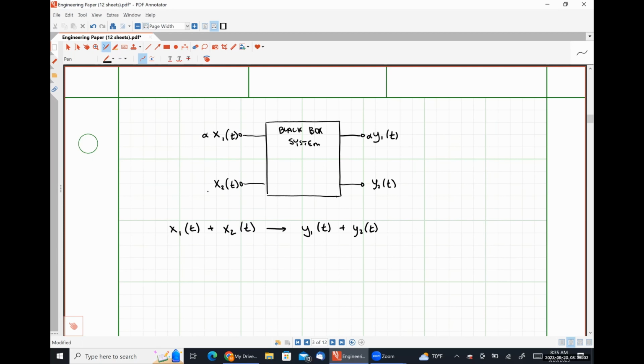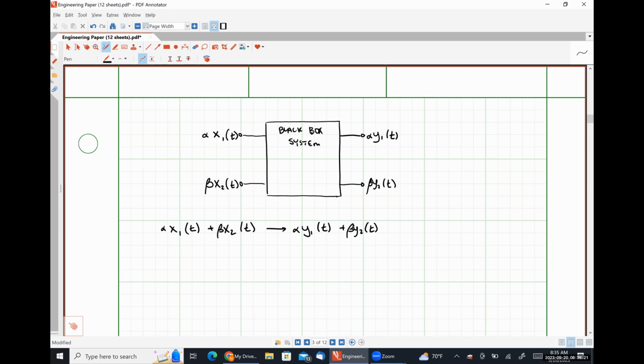If I scaled my second input by a scaling factor of beta, my output should scale by that exact same amount. So if I apply alpha here and beta here, I should get alpha here and beta here on the output side as well.